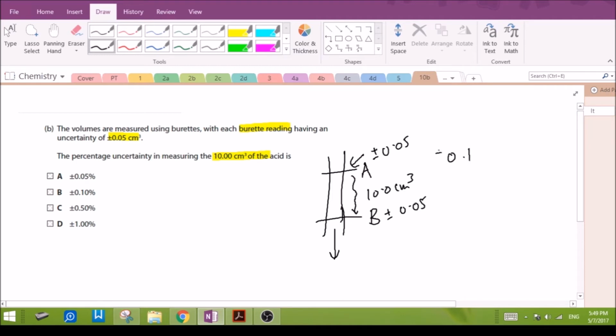The uncertainty was plus minus 0.1. So this is our overall uncertainty. It was used to measure 10 cubic centimeter, so the percentage uncertainty will be 0.1 over the volume that we measured multiplied by 100%. Right, so that will give us a 1% uncertainty.